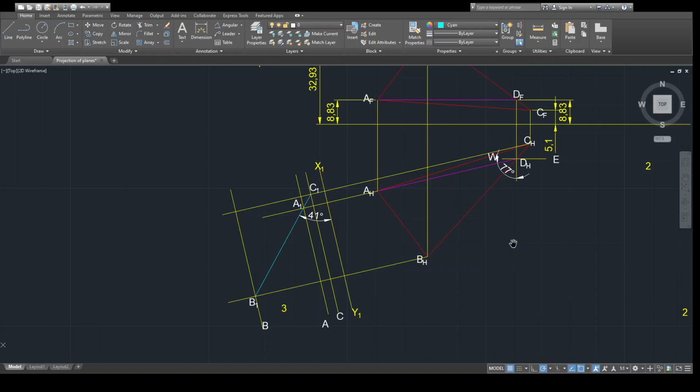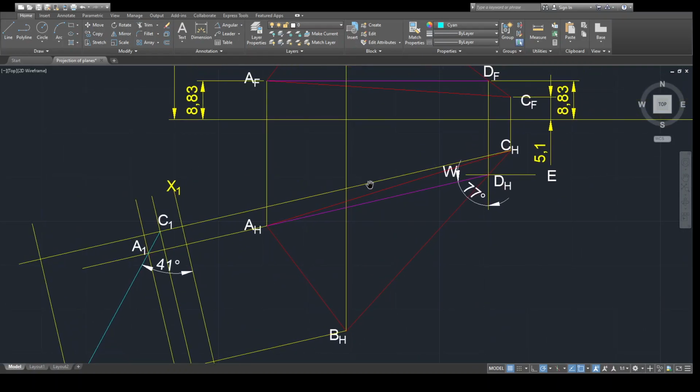What about the dip direction? In order to draw it, we need to draw a perpendicular to the strike line. So how to draw it? Let us draw the perpendicular. So this is the perpendicular I have drawn to the strike line AH DH.